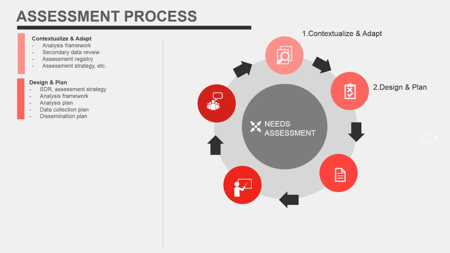We finalise our analysis framework where we map out what information it is that we need. We adapt our analysis plan, how we are going to analyse the data we are planning to collect. We make a plan for how we are going to do our assessment, what our methodology will be, the output, etc. We also design what the assessment team will look like.